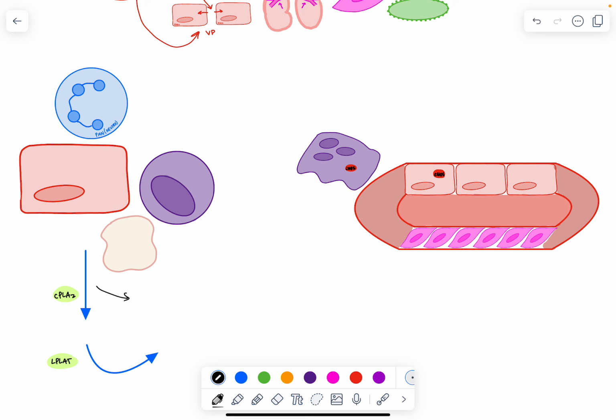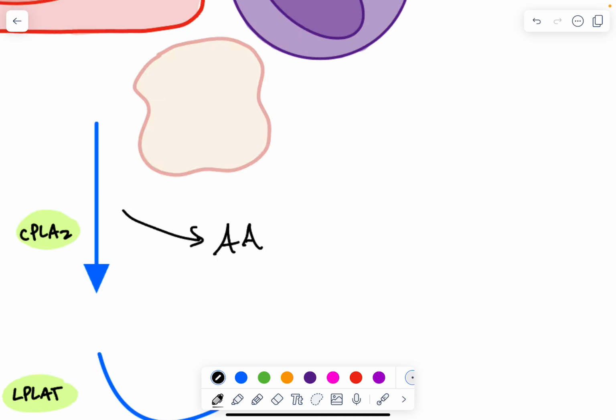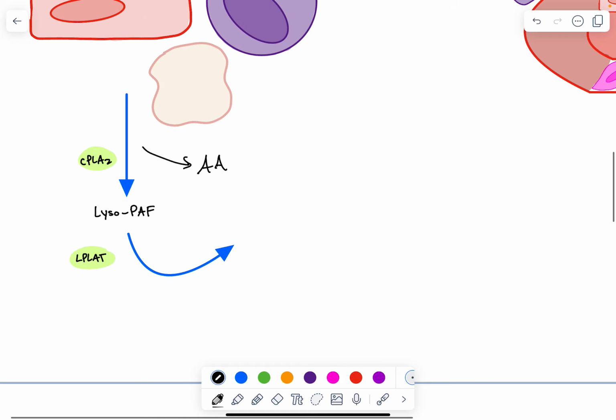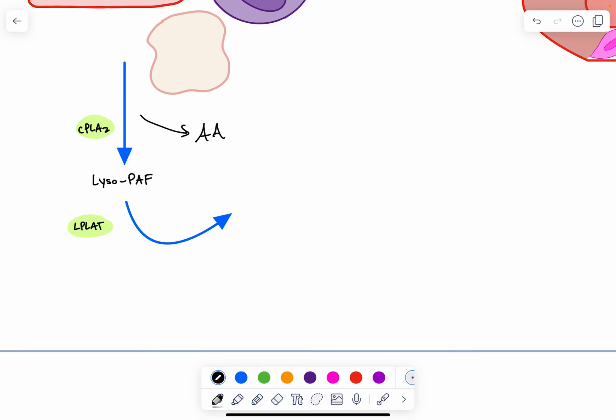As a byproduct of arachidonic acid synthesis, we get the production of lyso-PAF, or lyso-platelet activating factor. After the conversion of lyso-PAF by LPCAT, we get platelet activating factor.